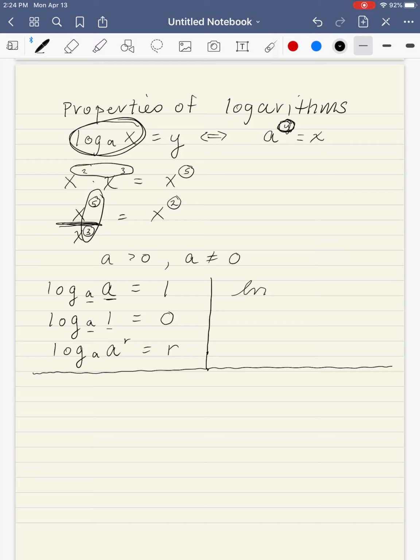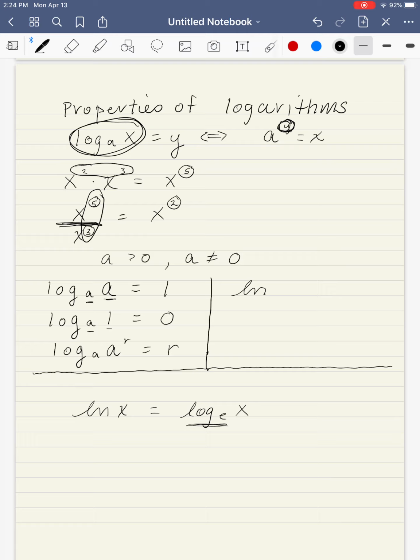So we're going to write the specific base e, because remember the natural logarithm of x is the same thing as the logarithm base e of x. So we're going to write each of these three properties on the left here in terms of logarithm base e using the natural logarithm. And I'm going to do the first one.